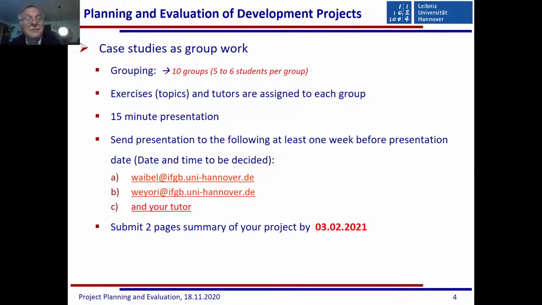We have 10 groups. The exercises have not been assigned yet because we're still checking the numbers. We don't want to give you something that cannot be solved or where a lot of things are missing. Even though not all the information will be there, so you have to make your own assumptions.